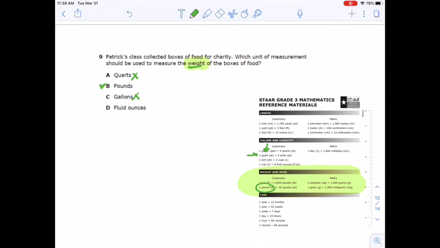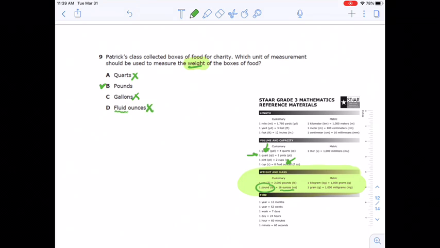We're measuring weight. Fluid ounces. Are fluid ounces used to measure weight? Look in your weight section on your reference chart. Do you see it? I don't see fluid ounces. I see weight ounces. And this says fluid ounces. Where do you see fluid ounces on your reference chart?